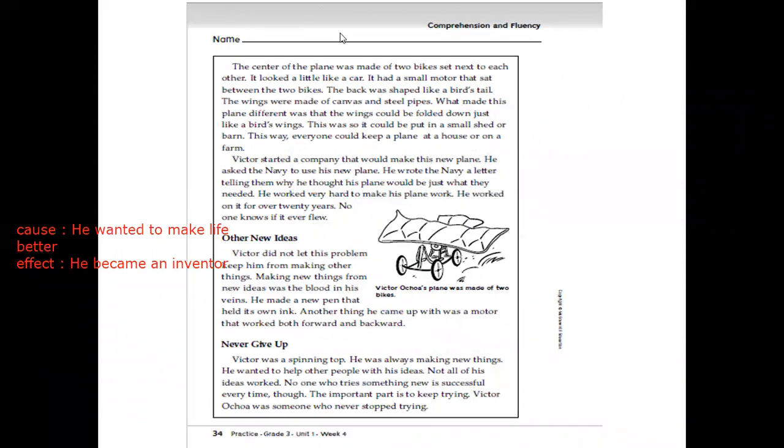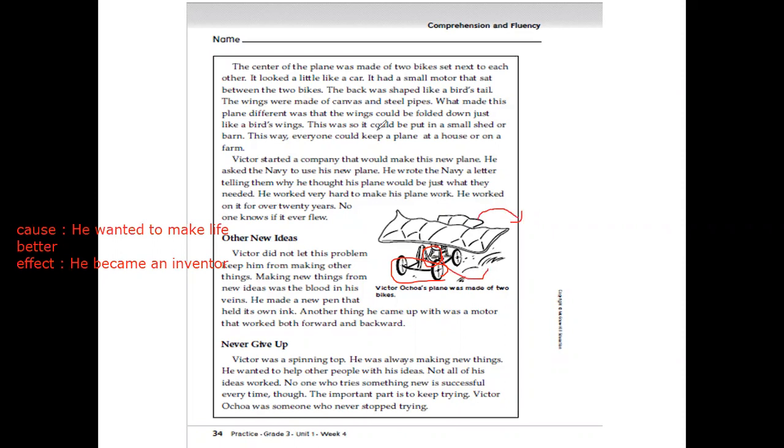So let's look at the picture here. Here we have two bikes, and in the middle here we have a small motor. Okay. And the back was shaped like a bird's tail.